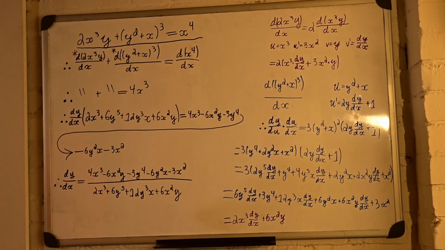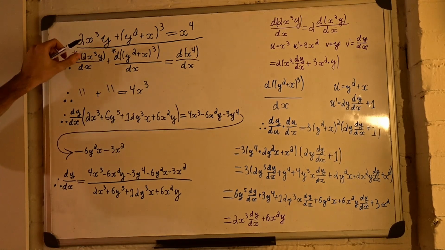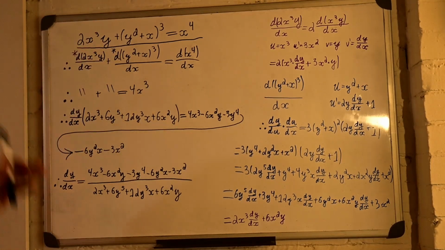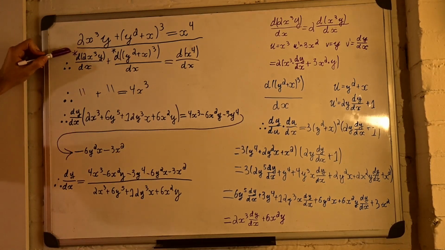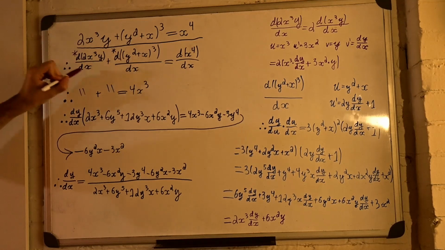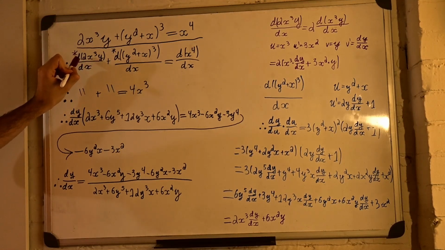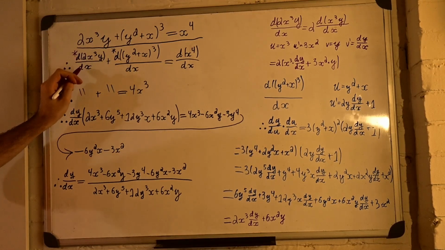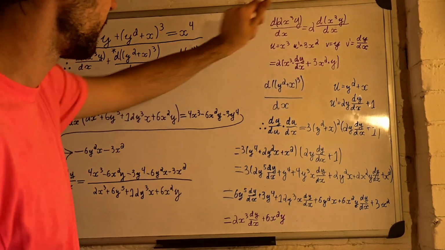So the way I like to do it, and the way I highly recommend doing it, is you look at each term individually and separately you find the derivative of it. So in this case, as you can see, I put this purple star here. So this specific term right here, the derivative of 2x cubed times y with respect to x, I solved it right here.